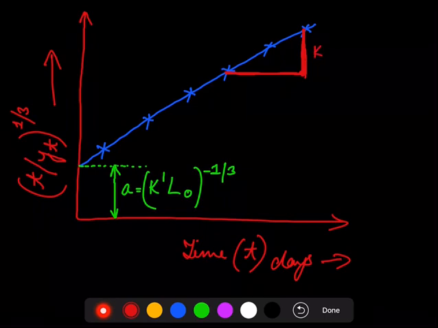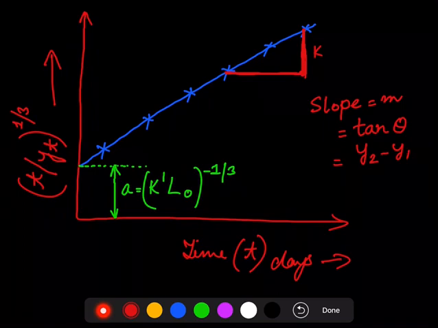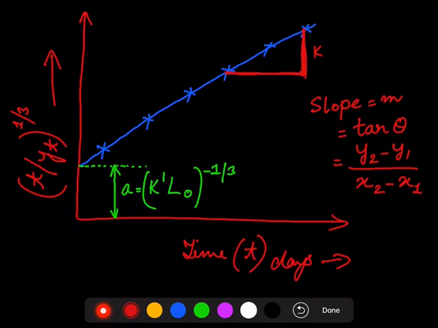How can you calculate slope? Slope is denoted by m, which you can also find as tan theta, or it is also equal to y2 minus y1 divided by x2 minus x1.